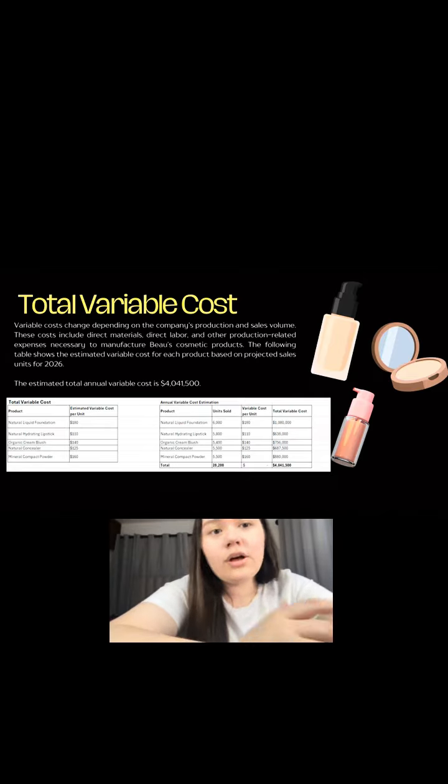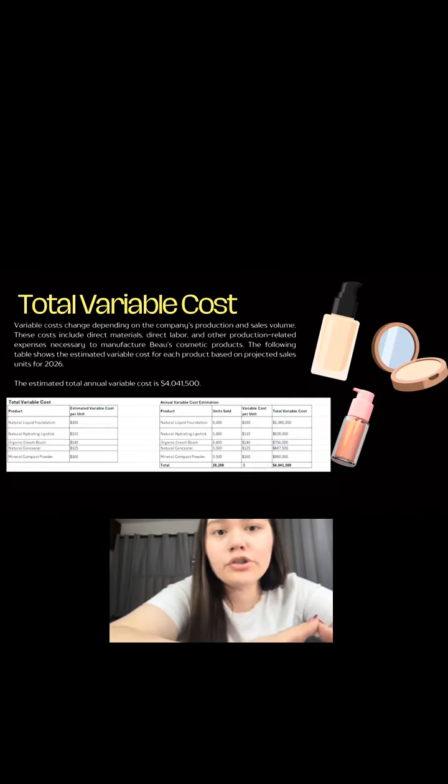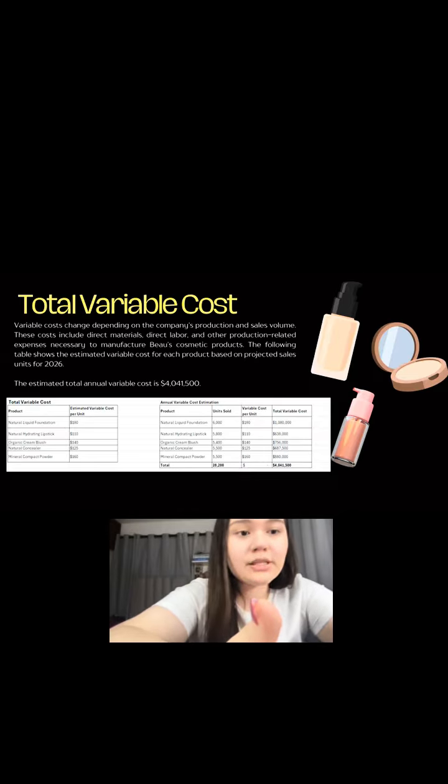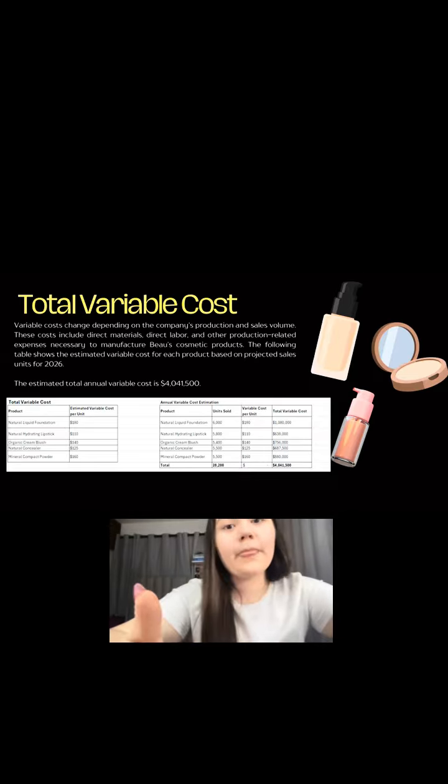This means that each unit sold contributes approximately $136.84 toward covering fixed costs and generating profit. And it's a very good thing for our company. The contribution margin is very important because it helps the company evaluate profitability and financial performance. And as we can see, thank you.